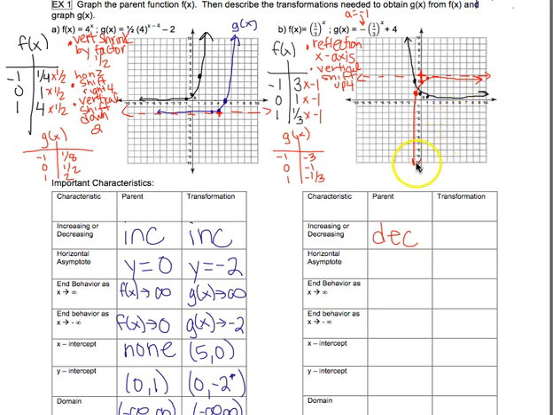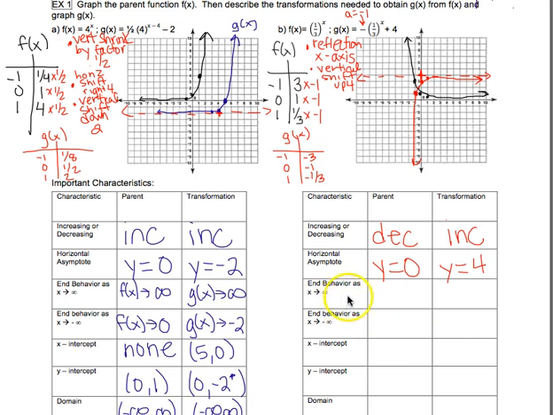The transformation, as I trace from left to right, those values are getting bigger. So that means it is increasing. Horizontal asymptote, I told you the parent, it's always y equals 0. On my transformation, it goes right with my vertical shift, which was up 4, so y equals 4.